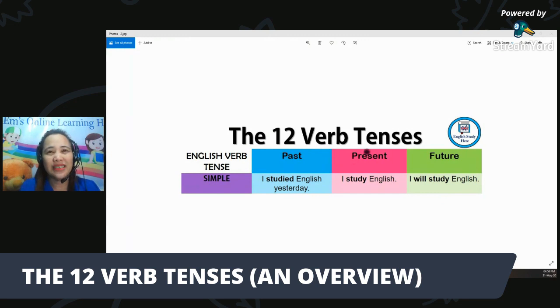Then let's proceed to the simple present tense. As you can see the example, I study English. What is the usage of simple present tense? This is to express habits or general truth. It is also used to indicate a future event or a designated date as part of a plan or arrangement, and with mental action verbs like love, want, need, believe.